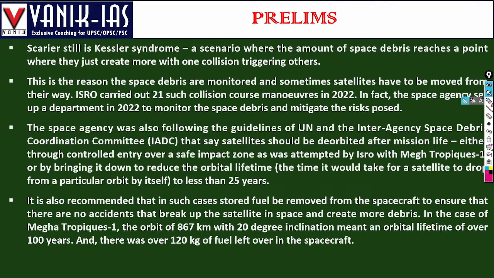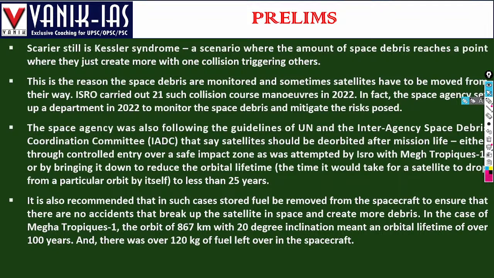It is also recommended that in such cases, stored fuel be removed from the spacecraft to ensure that there is no accident that breaks up the satellite in space and creates more debris. In the case of Megha-Tropiques-1, the orbit of 867 km with 20 degree inclination meant an orbital lifetime of over 100 years, and there was over 120 kg of fuel left in the spacecraft.